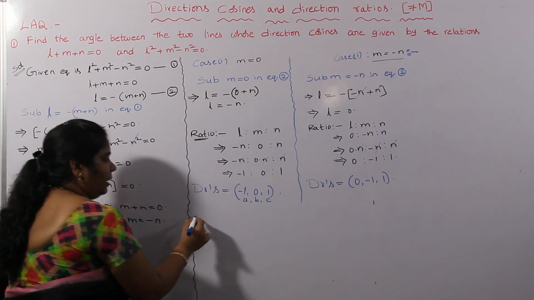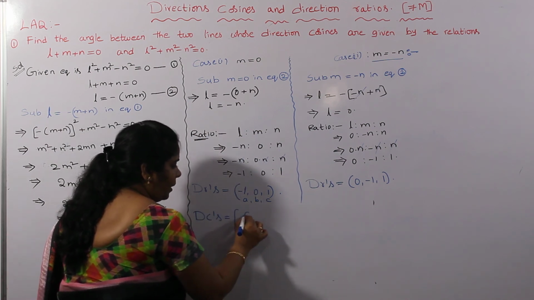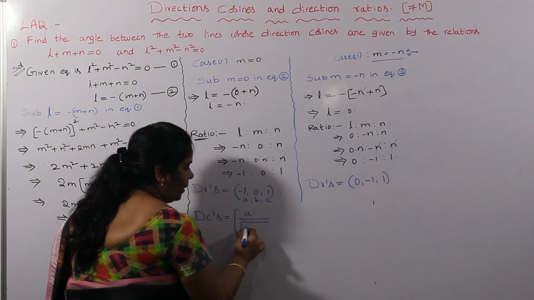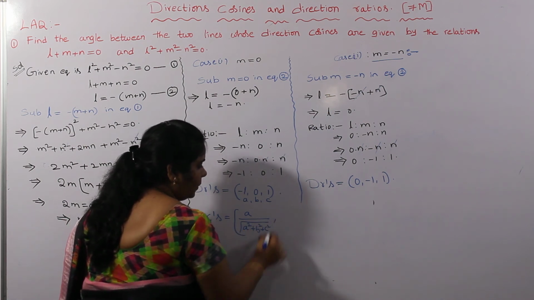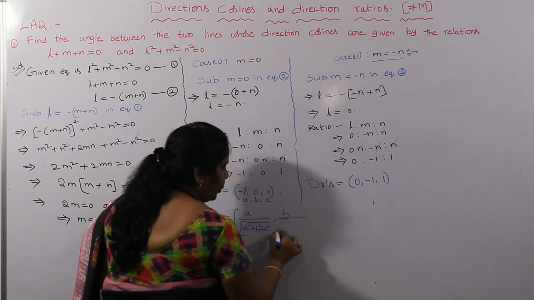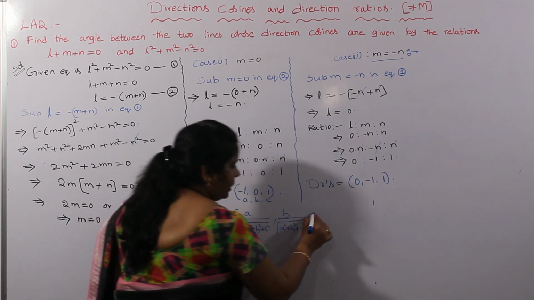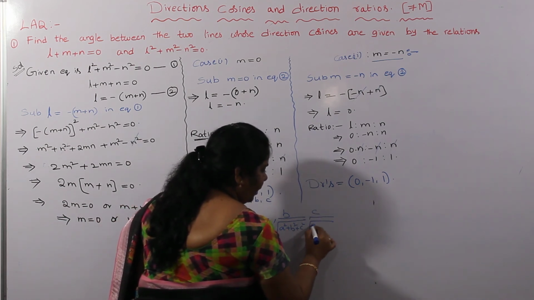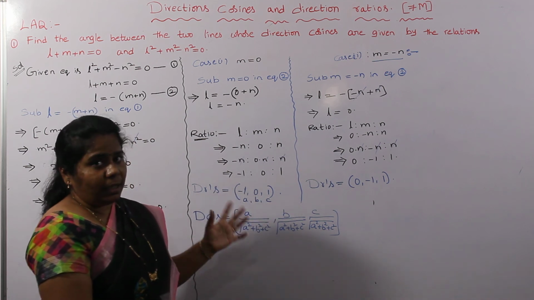DCs is equal to a by root over a square plus b square plus c square, comma b by root over a square plus b square plus c square, comma c by root over a square plus b square plus c square.